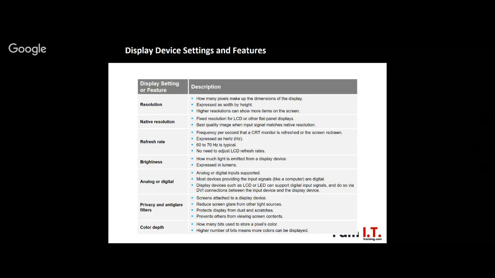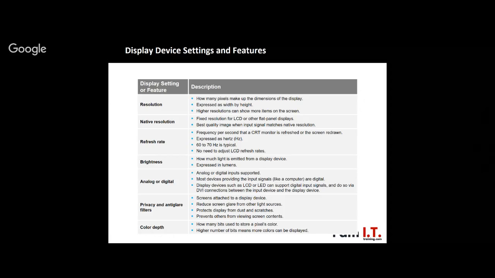Now, resolution is literally just the number of pixels that make up the dimensions of the display. So the value is always given in the horizontal by the vertical pixel numbers, just like we just talked about. This is the width by the height. Now, the most traditional ratio that's still used is the 4:3 resolution or aspect. But as we're getting higher resolutions and wider screens, you'll see that those are able to change.